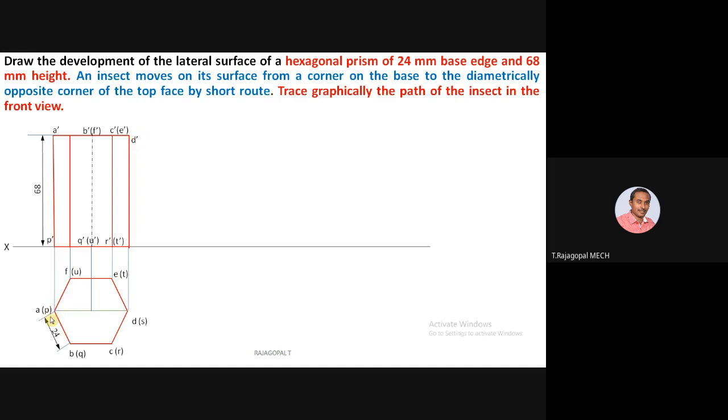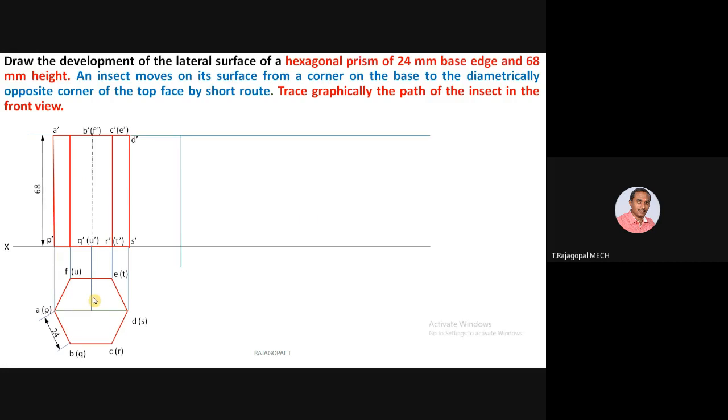If I hold a corner on both the sides, then only I can satisfy this condition from base corner to the diametrically opposite corner. In case I don't have a corner on both the sides, and I complete it by having an edge on both the sides, which means the edge is perpendicular to xy, then your answer will be completely wrong. You will not even get 1 or 2 marks, because the first and foremost step is wrong.